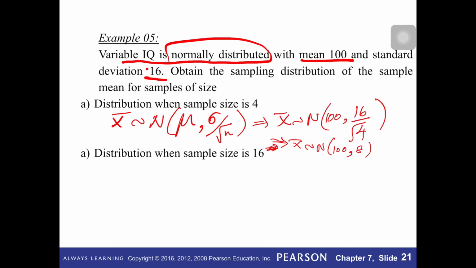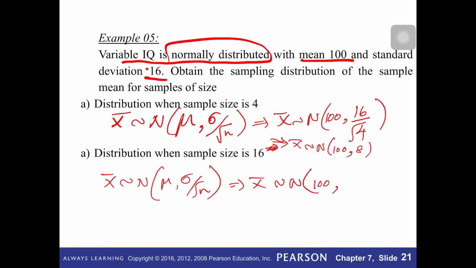It doesn't matter about the sample size: when the population is normally distributed, x bar is also normally distributed with mu and sigma over square root of n. The mean 100 doesn't change, but sigma changes: 16 over the square root of 16, so x bar has a normal distribution with mean 100 and standard deviation 4.